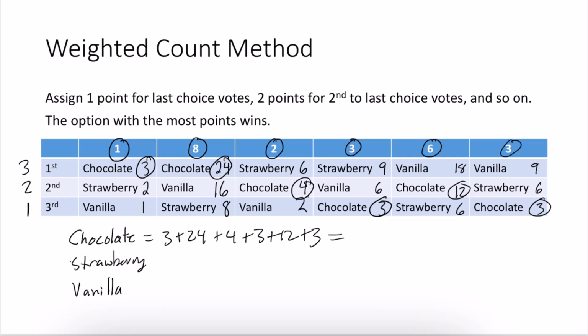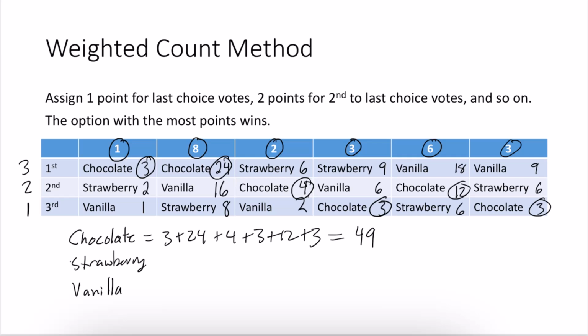I'm going to use my calculator to add all of those up, and that gives me the number 49. And so the weighted count for chocolate is 49.